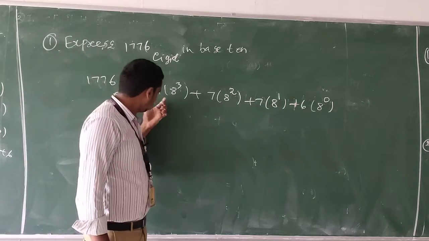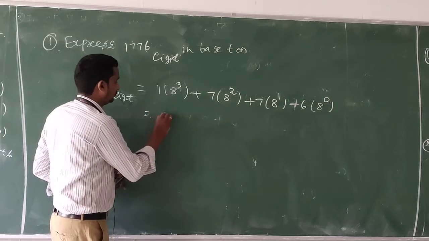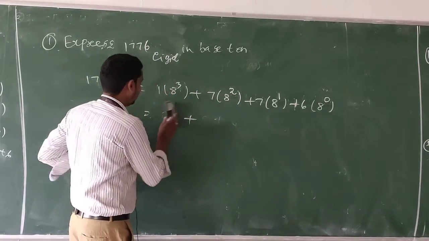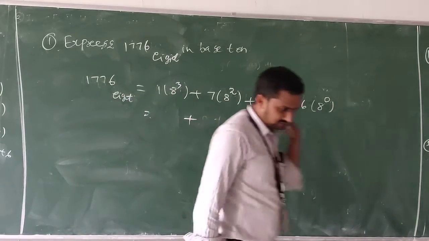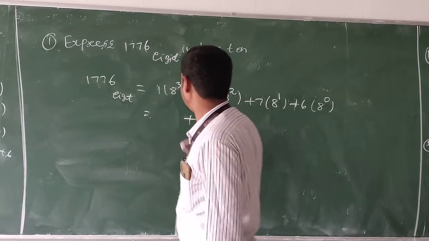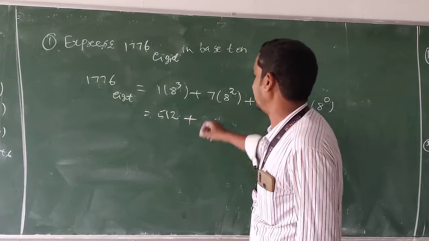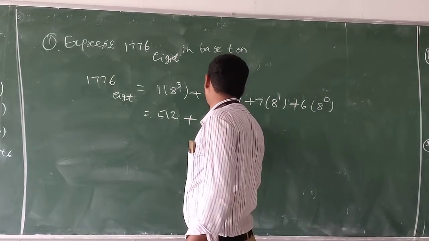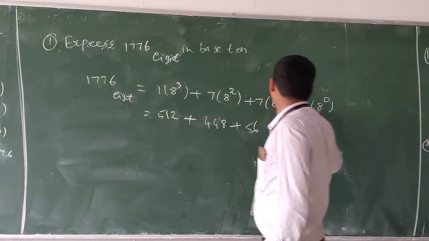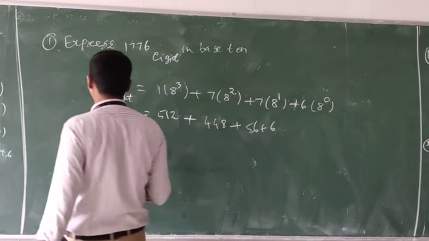After that, as usual, ordinary simplification. 8 cube value 8 into 8 into 8 is 512, 512 into 1. 8 square value 64, 64 into 7 is 448. 8 power 1 value 8, 8 into 7 is 56. 8 power 0 value 1, 1 into 6 is 6.